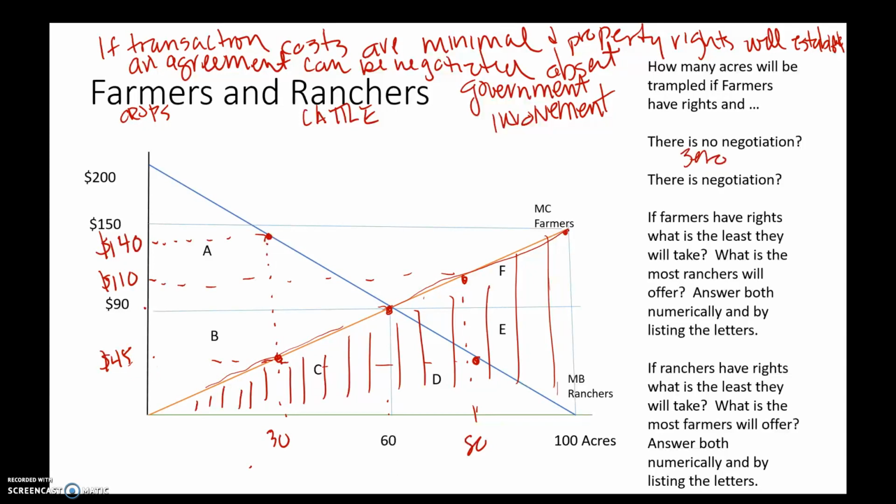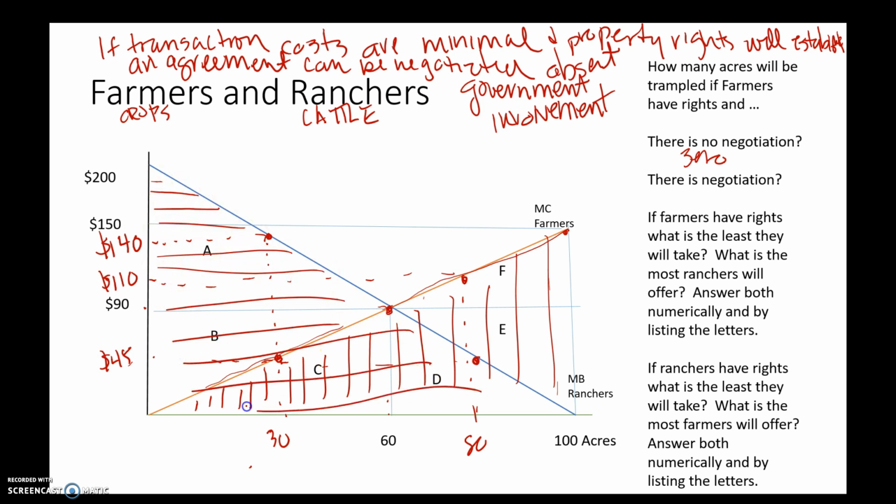So the benefit is different for the ranchers for every acre, just like the cost is different for each acre for the farmers. So if we want to come up with the total benefit to the ranchers, then we have to look at the area, the whole area underneath the marginal benefit curve. So that's how that would look graphically.